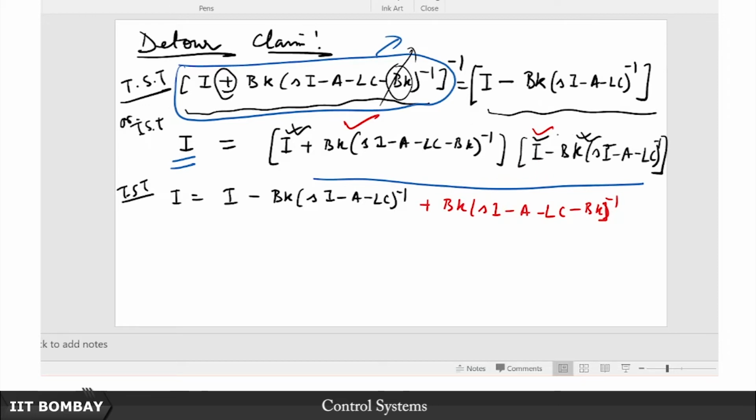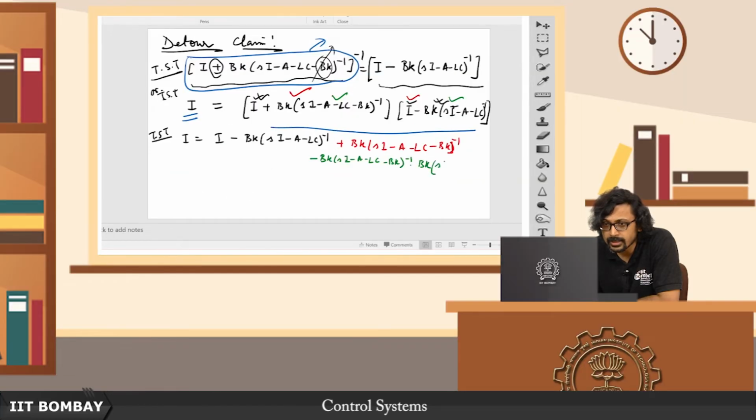When I multiply this with this, I get plus bk times (si minus a minus lc minus bk) whole inverse times bk, of course because there is a minus sign here, this sign changes to minus. So we have this minus sign here, and let us resume. Then we have this followed by (si minus a minus lc) whole inverse.